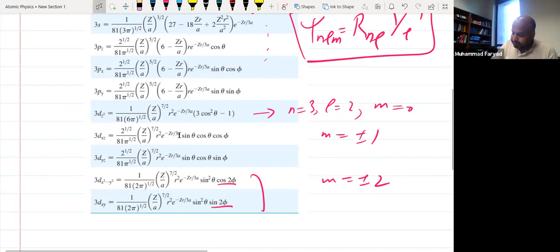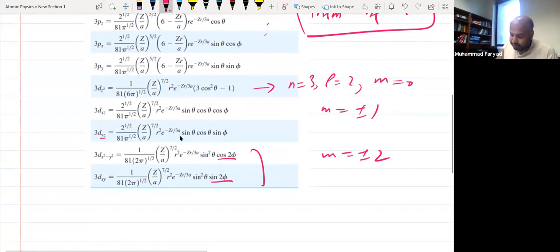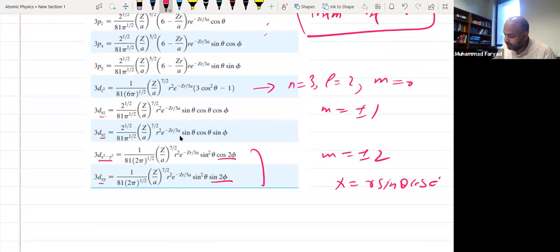Okay, and again, these subscripts refer to the fact that the product of x and z, where x is r sine theta cos phi, z is r cos theta, their product xz is this term.